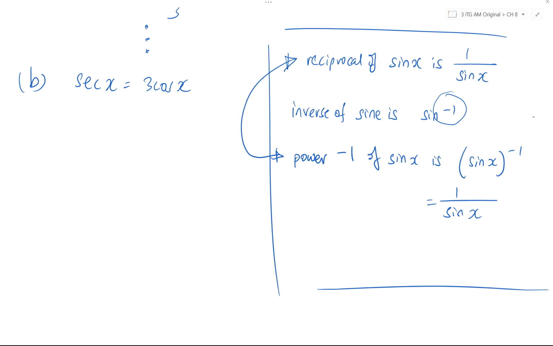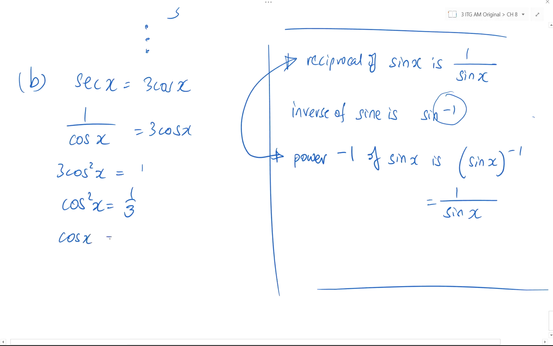Now let's go back to our question on secant x equals to 3 cosine x. So this is the same as 1 over cosine x is 3 cosine x. Multiply both sides, we get 3 cosine square x equals to 1. Cosine square x is 1 over 3. To make it out of the form, I take square root.